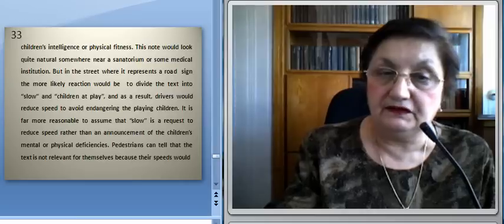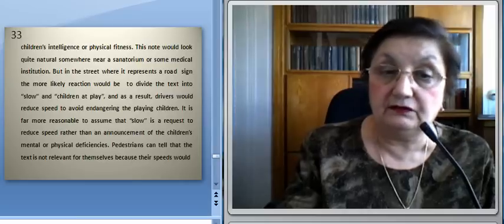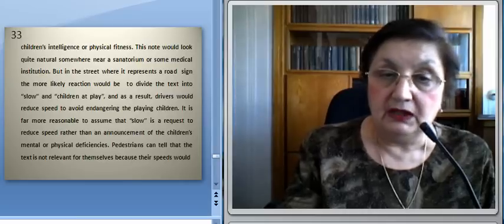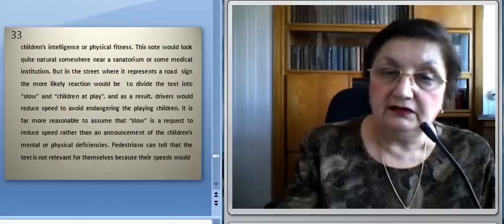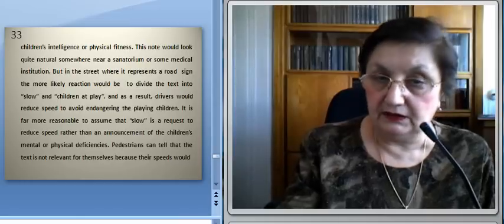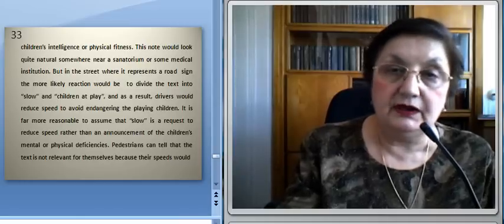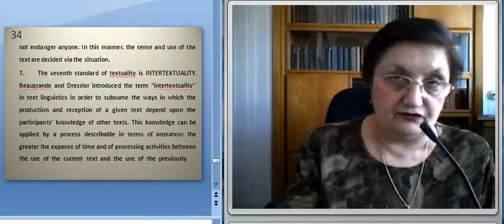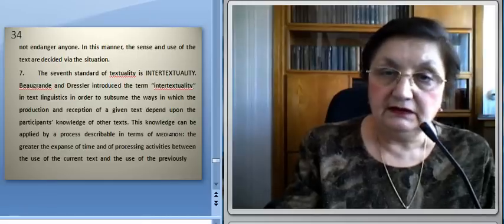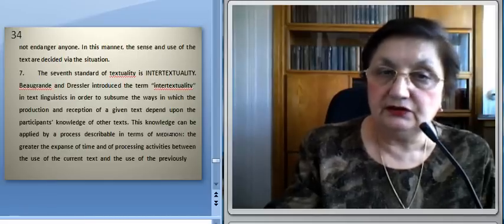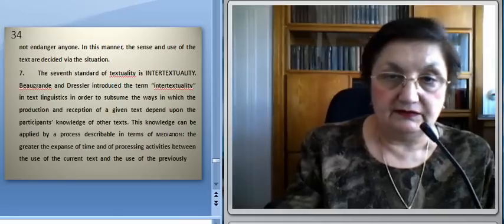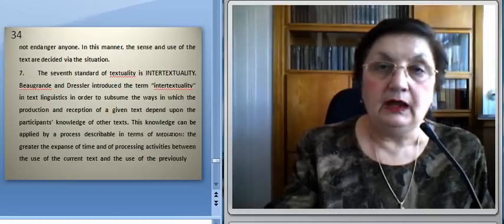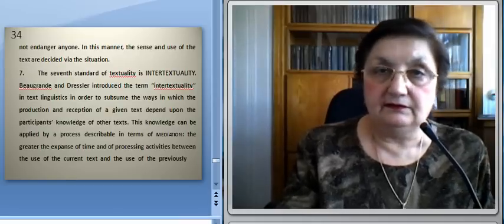The seventh and last standard of textuality is intertextuality. Beaugrande and Dressler introduced the term intertextuality in text linguistics in order to subsume the ways in which the production and reception of a given text depends upon the participants' knowledge of other texts.